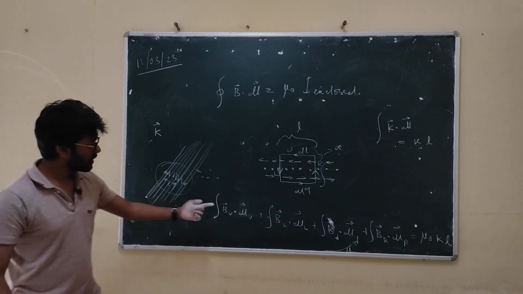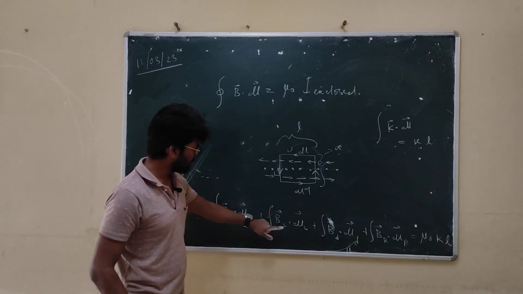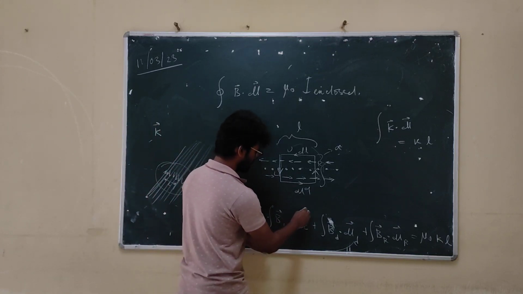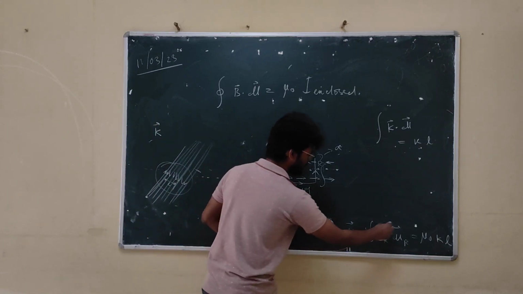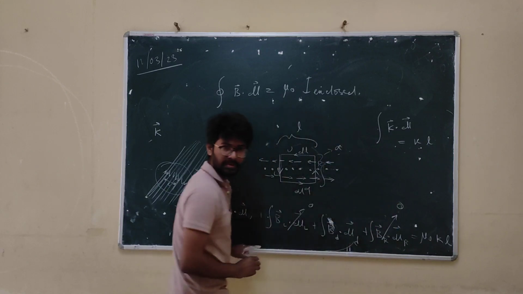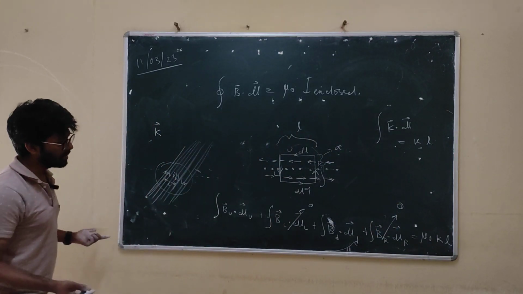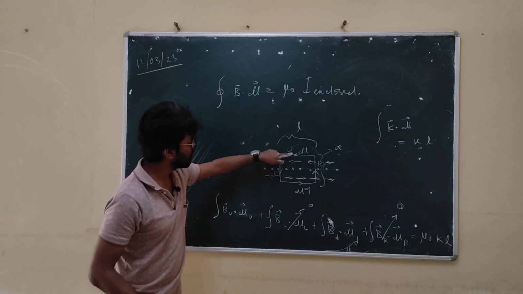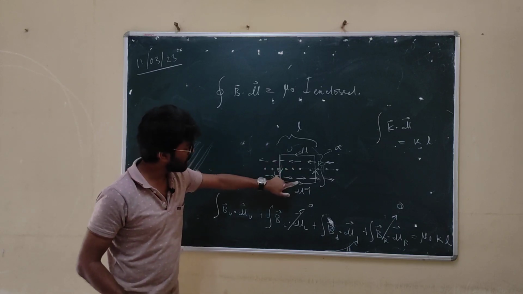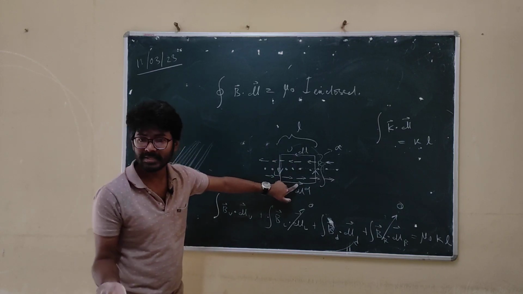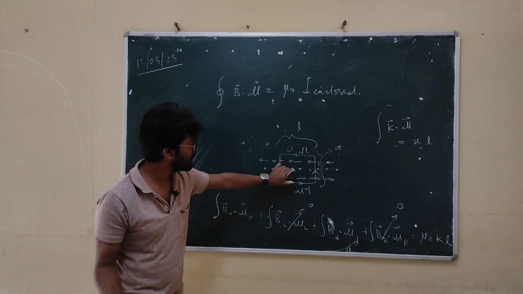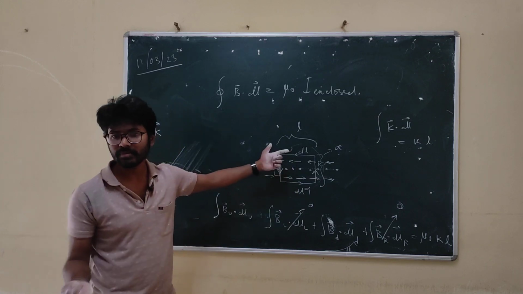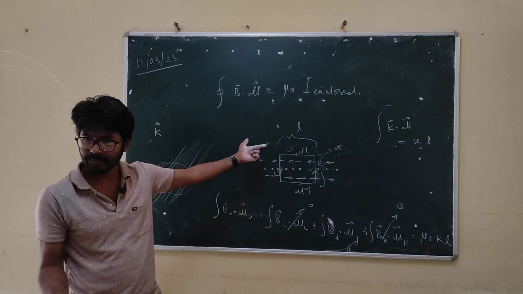Right? Now this up and down, fine. These things will be 0, left and right. And in any way, the magnitude of B here and here will be the same. Same distance. The direction is different, but the magnitude is the same.